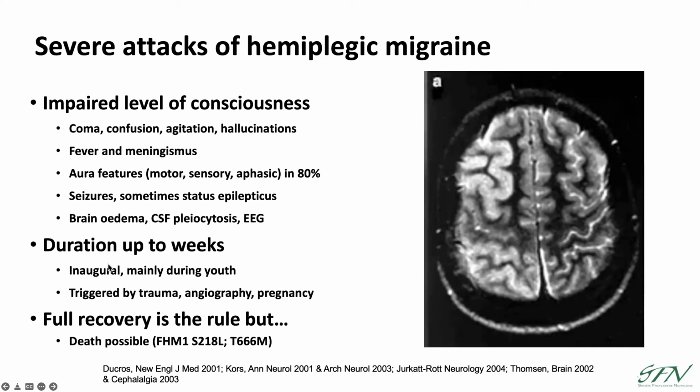Severe attacks with coma and fever may be triggered by head trauma or angiography, and may sometimes take place during pregnancy. Pregnancy is a cause of transient aggravation of hemiplegic migraine in a woman affected by this condition.